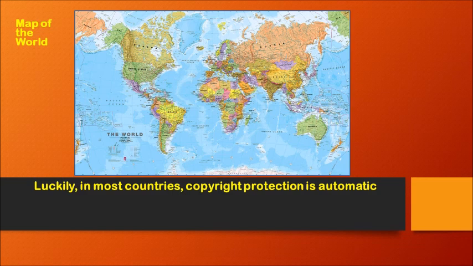This is a map of the world showing the different countries that we have in the world. But what I want to bring out from this map is that luckily in most countries, copyright protection is automatic. This means whenever you create original content, it is automatically protected by copyright law.